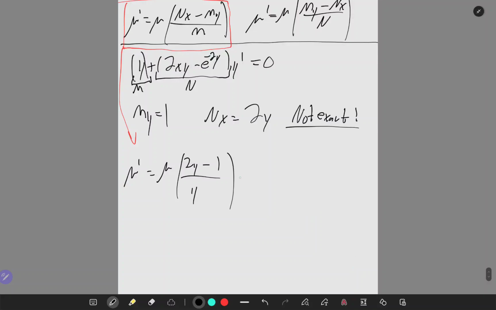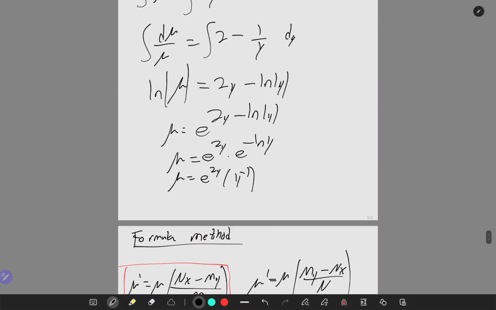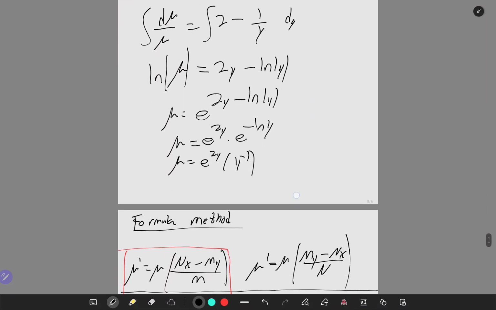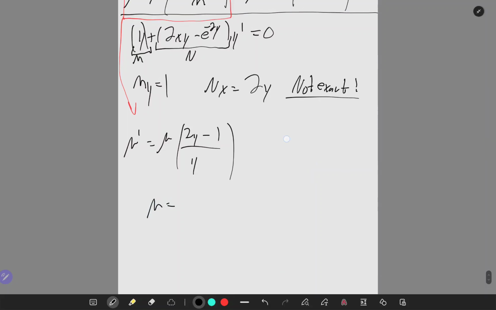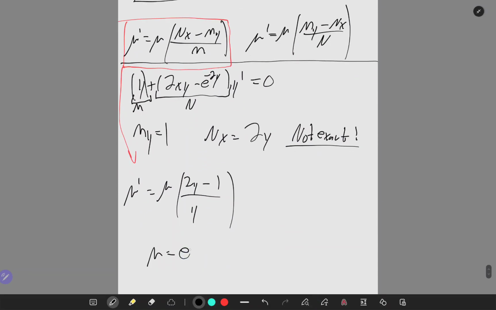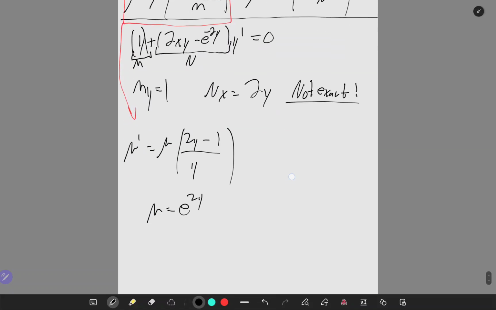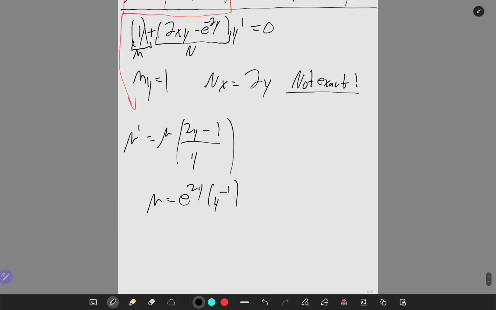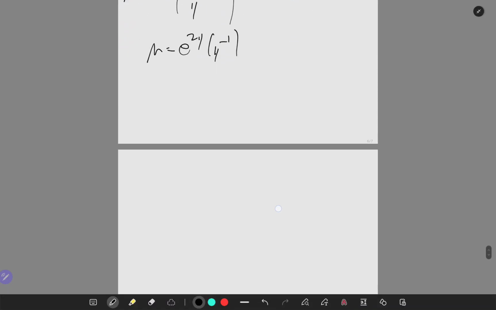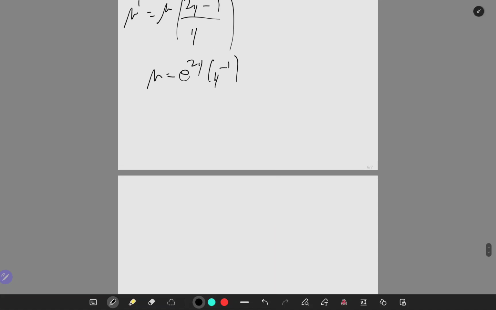Okay, so now this is the same thing we did before. Our mu was e to the 2y times y to the negative 1. So let's multiply mu by our original equation.